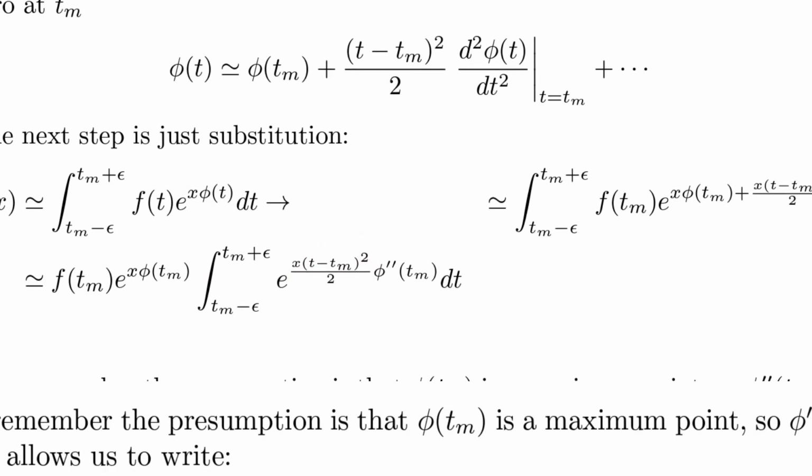Because if you look closely, this is a constant. The second derivative at the point of maximum is a constant. x is a constant relative to the variable of integration. The only thing that's not a constant is t minus tm squared. So this is actually a Gaussian integrand, right? Because everything in here is in the exponent.